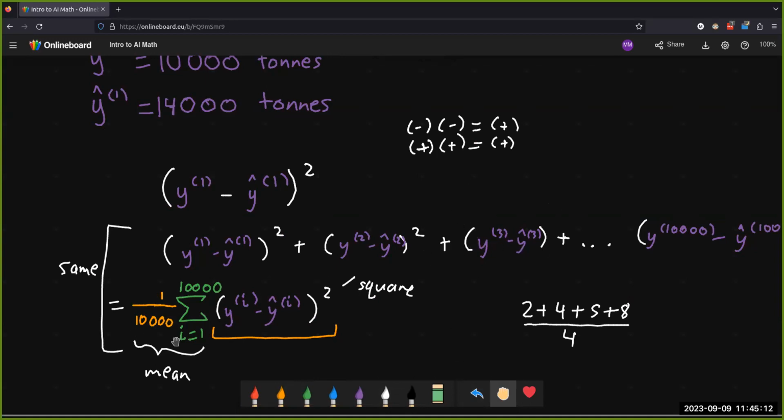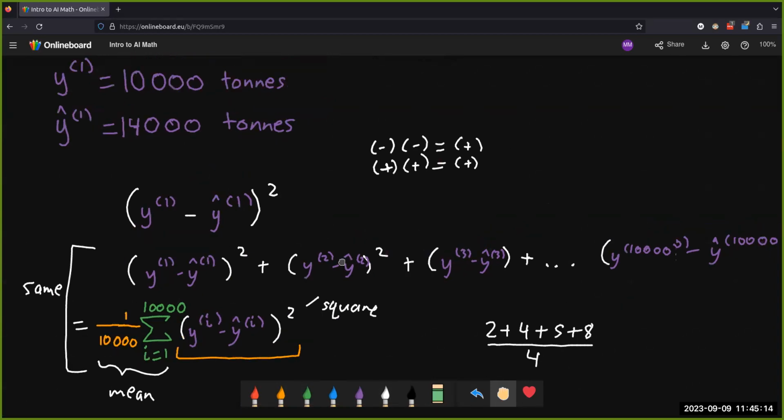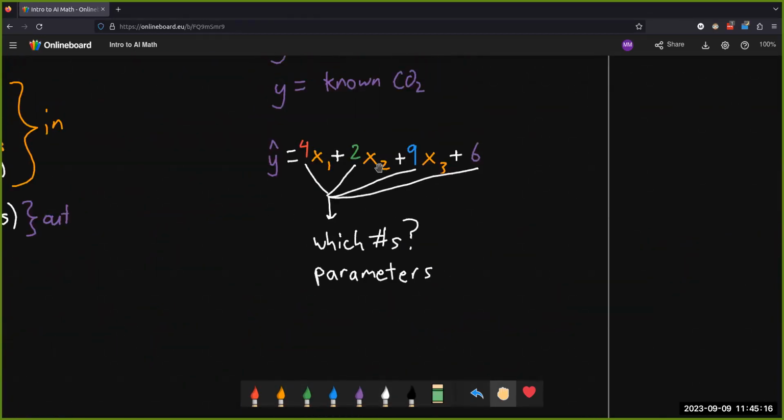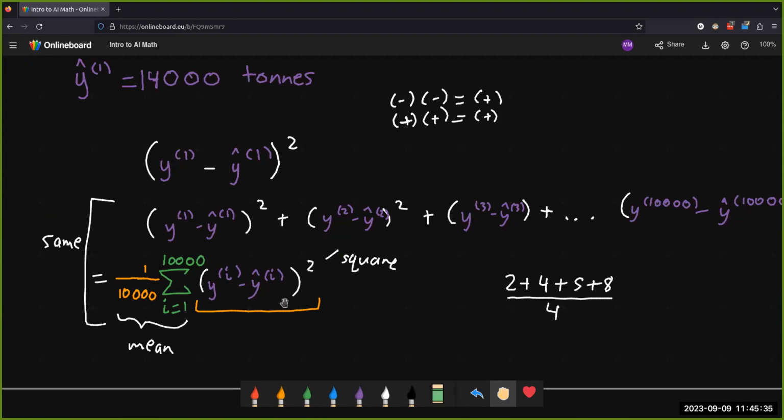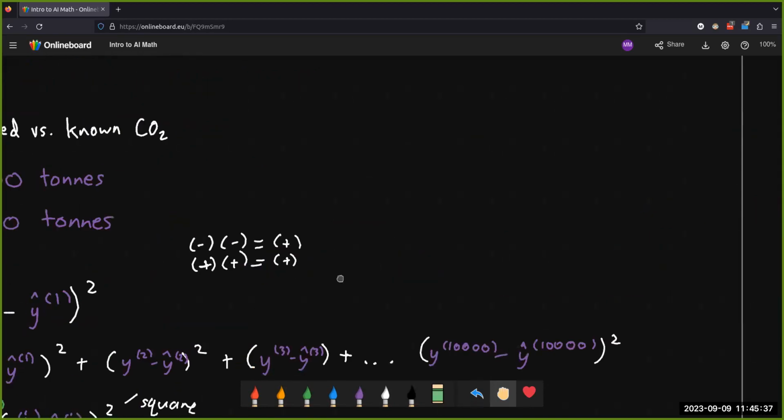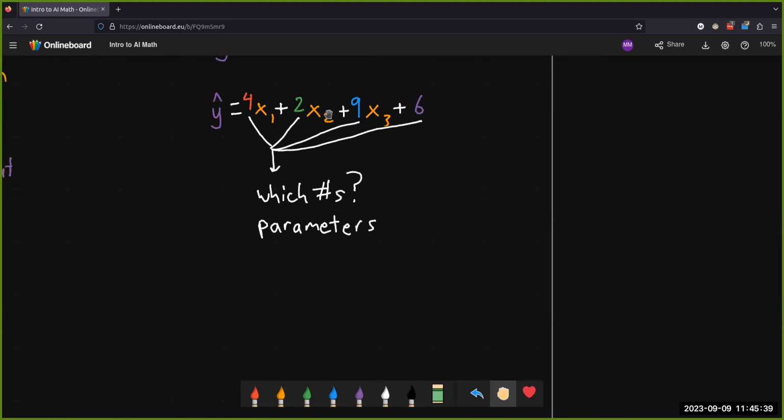Does anyone have any questions about this error function or how we can use it to check whether the equation that we've selected is very good or very bad? If we choose a very bad set of parameters over here, these parameters are just giving us values like 0.3 or 10.